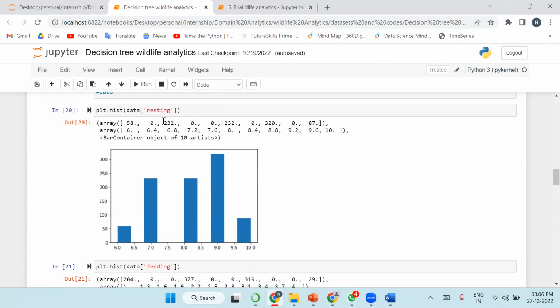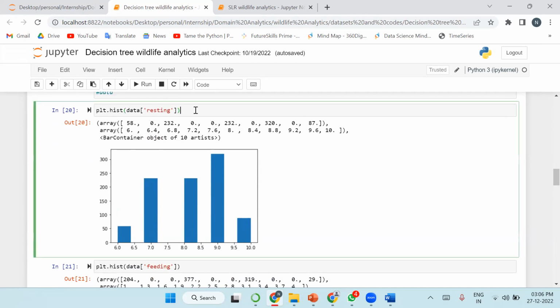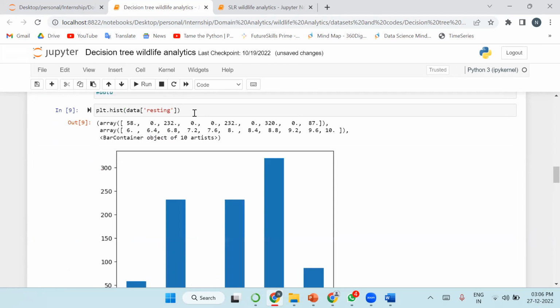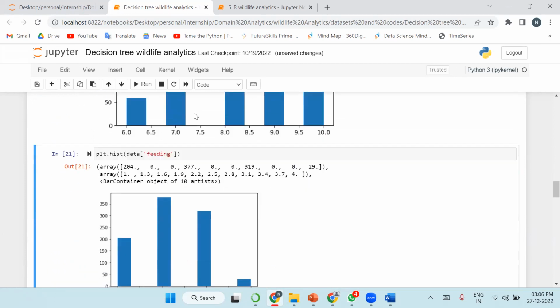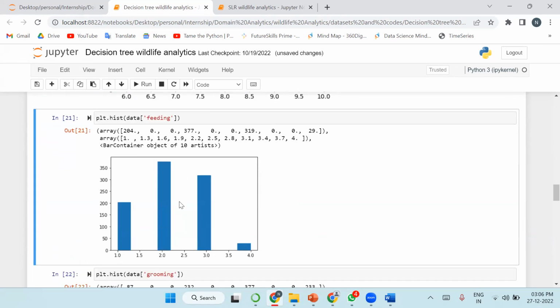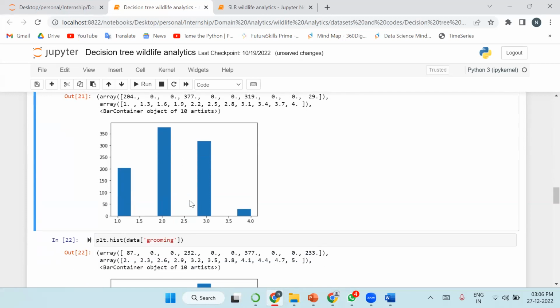So we are visualizing the distribution of the data, how the data is distributed for each of the features, using histogram. Resting for resting, this is the graph we get. And then for feeding, this is the distribution of the data.